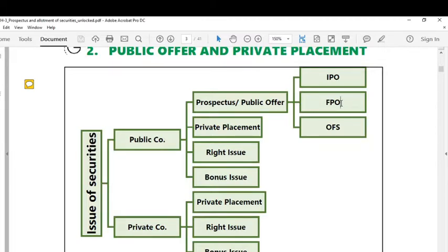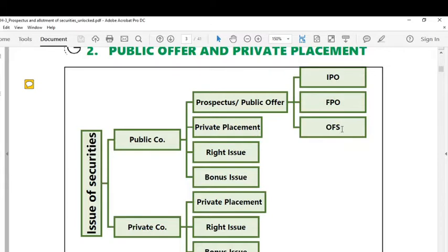Both of these will be made by issue of prospectus by the company to the general public, and here the company will sell the shares to the public. When it comes to OFS, offer for sale of securities, the securities of a shareholder will be sold to the general public by issue of prospectus by the company.